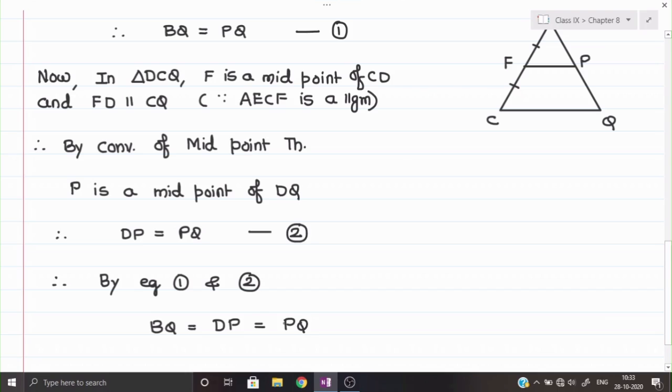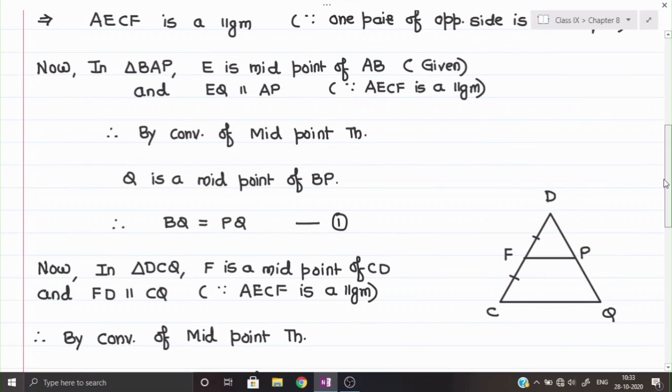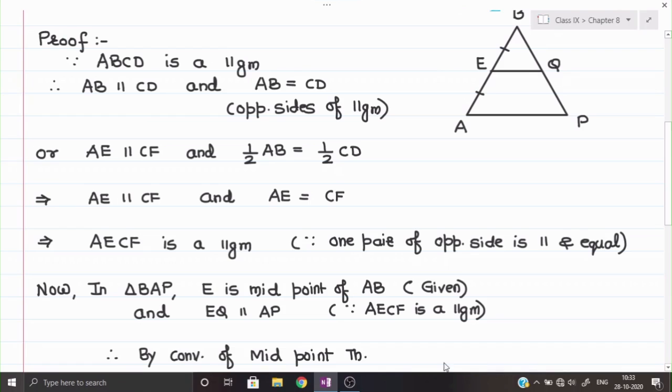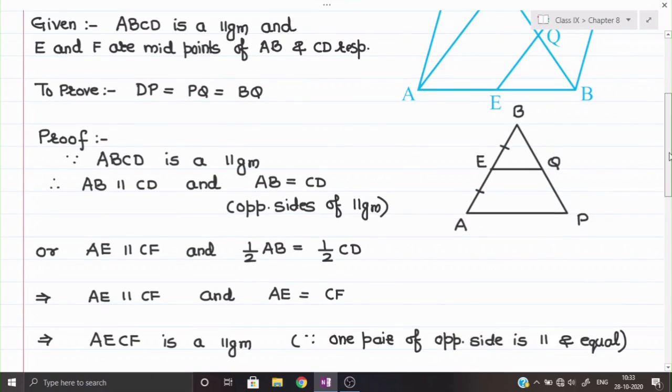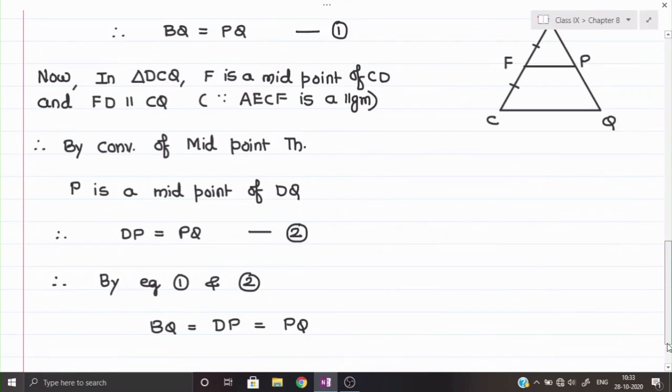And observe, this is the only requirement of the question. See, we have written in the beginning BQ, DP and PQ. We are going to prove them equal. Okay, so see, I will show you the to-prove section, DP, PQ and DQ. That was only required to be proved. Okay, so now this question gets over.